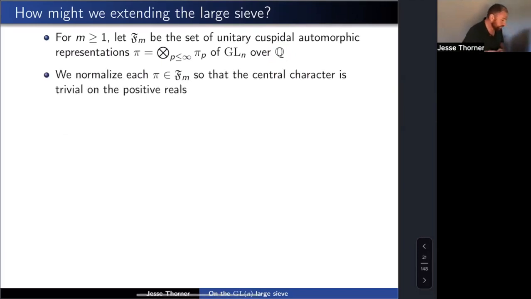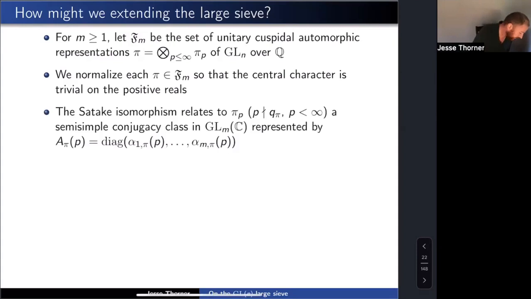And I'm going to consider each representation pi in this set to be normalized so that its central character is trivial on the positive reals. I'll say in a little bit why this is such an important hypothesis for what I'm about to describe.